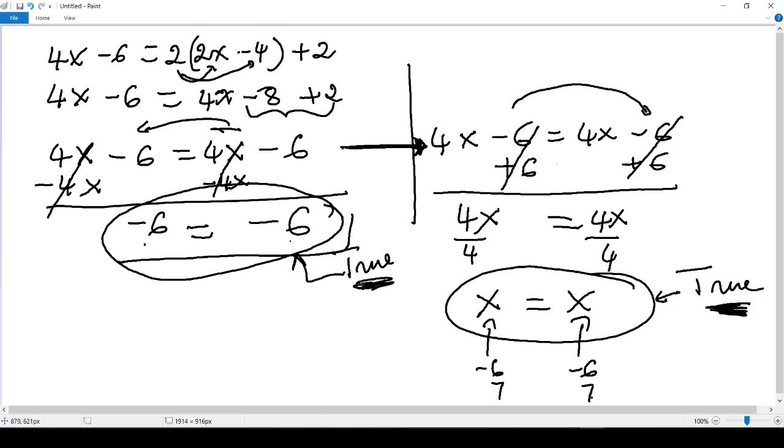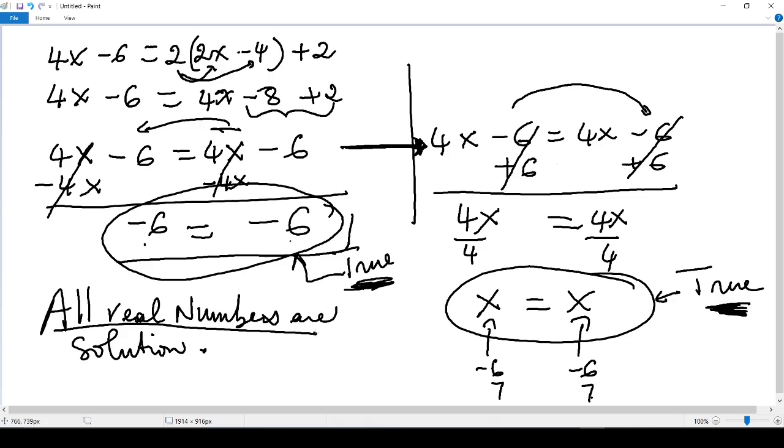Have to confirm that whatever you have at the end is true. Then we can conclude that all real numbers are solutions to our equation. So once you have this setup, you can give that conclusion.